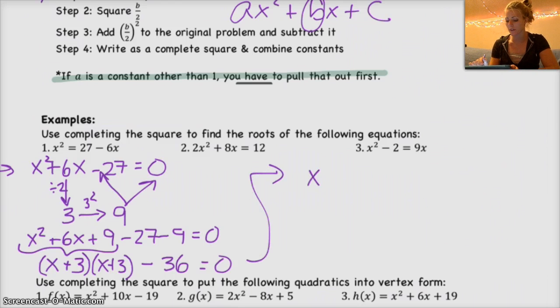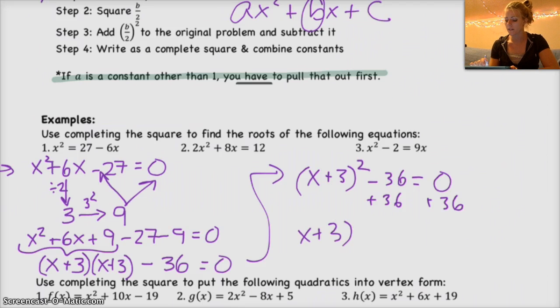I'll write it as a perfect square, x plus 3 squared, and minus 36 equals 0. I'm going to add 36 to both sides, and I get x plus 3 squared equals 36.